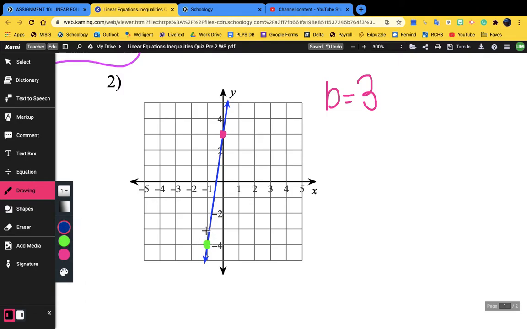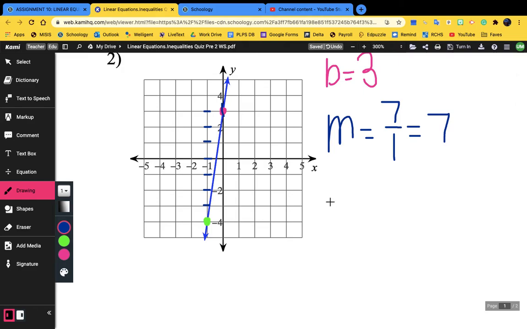I'm going to go up 1, 2, 3, 4, 5, 6, 7. I went up 7, so m is positive 7, over to the right 1. So 7 divided by 1 is 7. M equals 7.